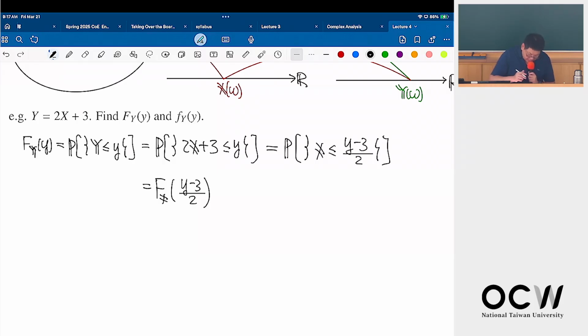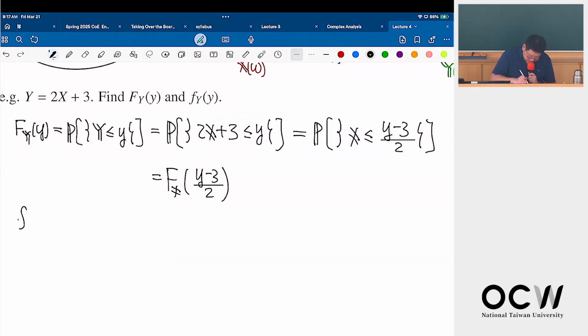How about the PDF? For the PDF, just take the derivative of the CDF. And we just found our CDF, F_Y.